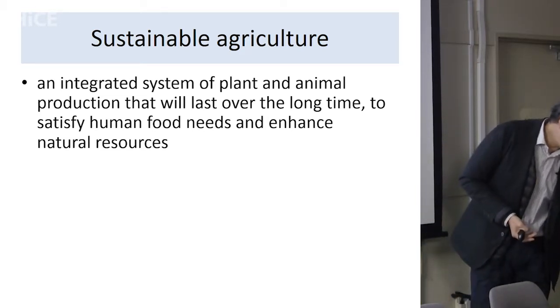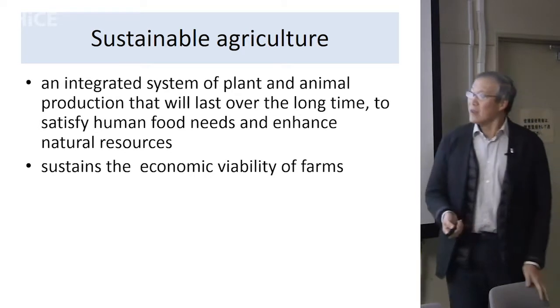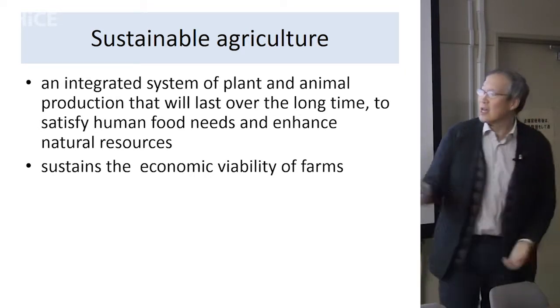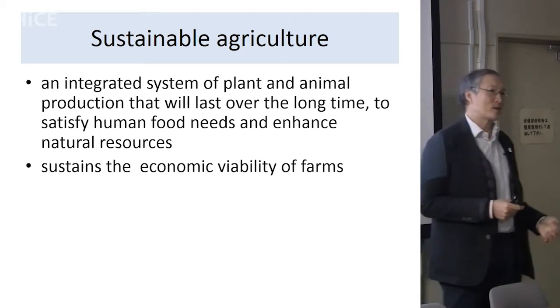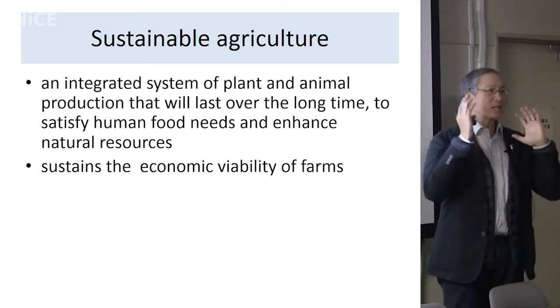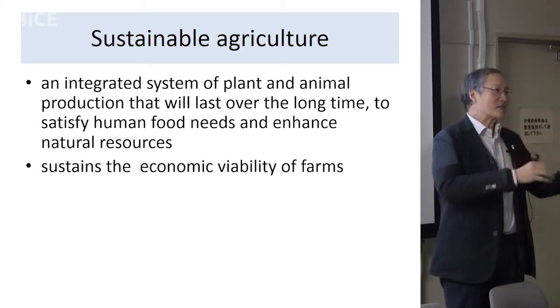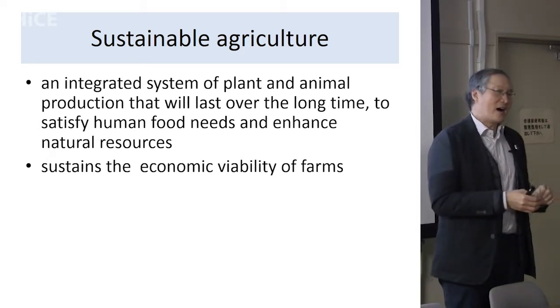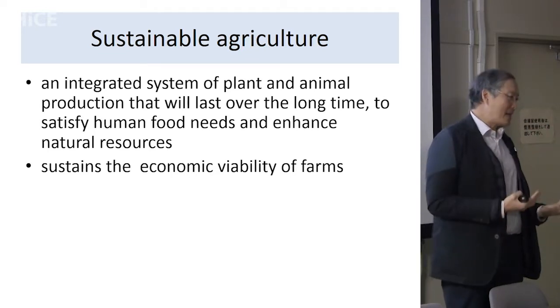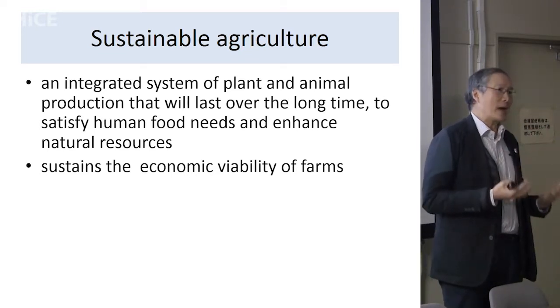Okay? So one aspect of sustainability is finance, the economic viability of farms. You cannot have sustainability when you just keep the forest and just provide food, without the financial viability of farms. You need to have a profit.